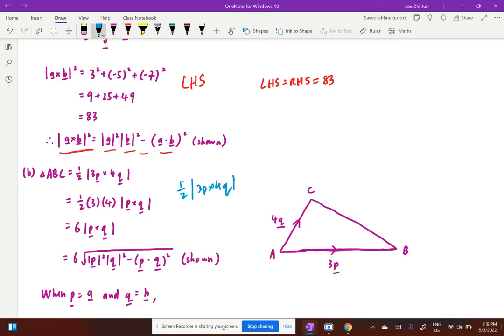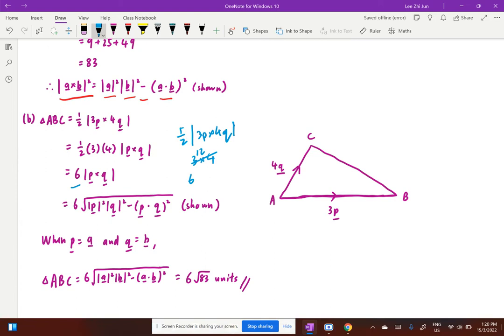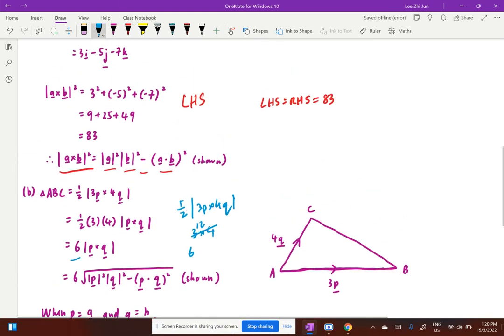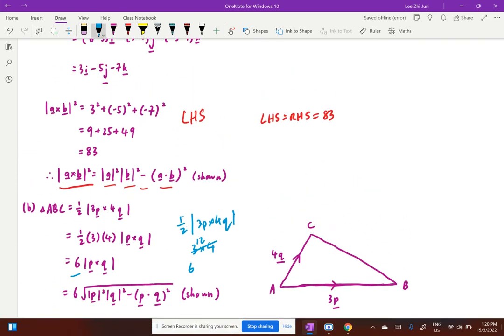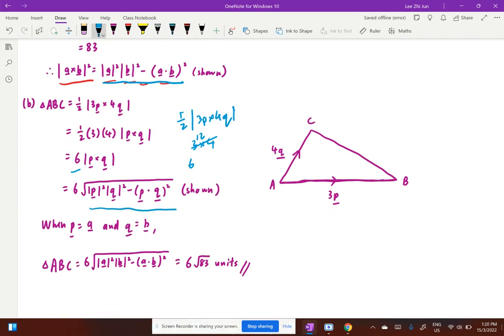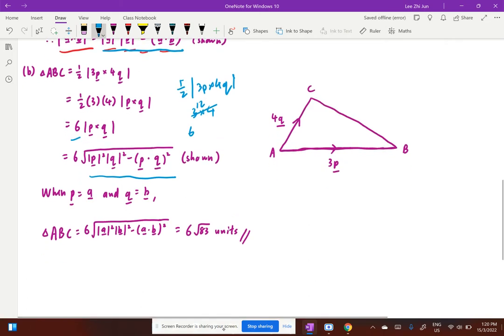So I can just take out the 3 and take out the 4, because all is multiplied. So this will be 12 with half, so it will be 6, with the magnitude of the cross product.